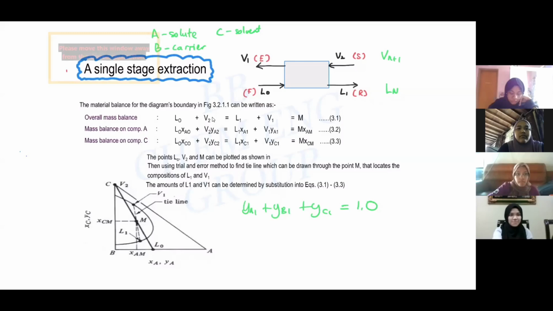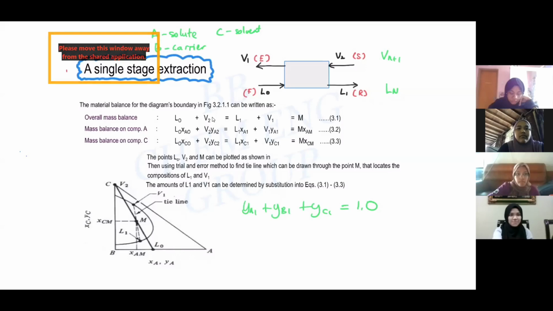There are three to four types of graph that you need to know how to use. One is called the triangle diagram. There are two types of triangle that we have revised.